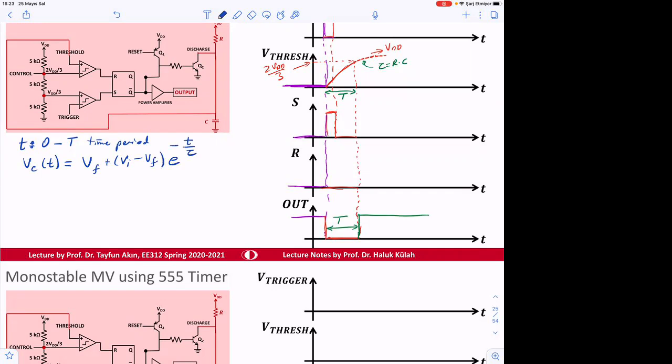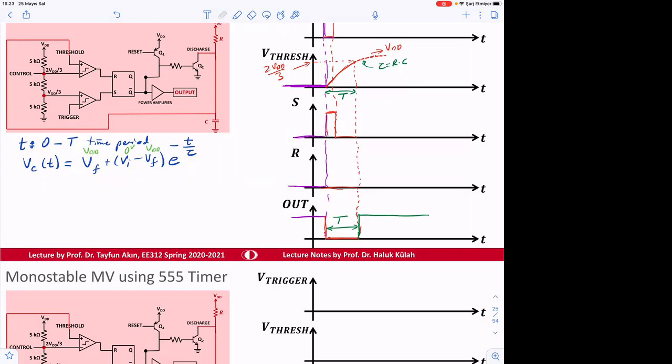That is the projection, and the initial is 0 volts. So this is 0 volt, this one is VDD, and this one is VDD.